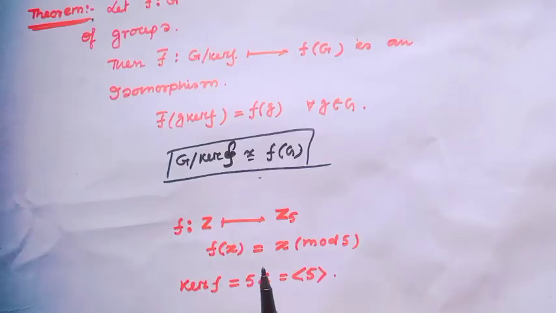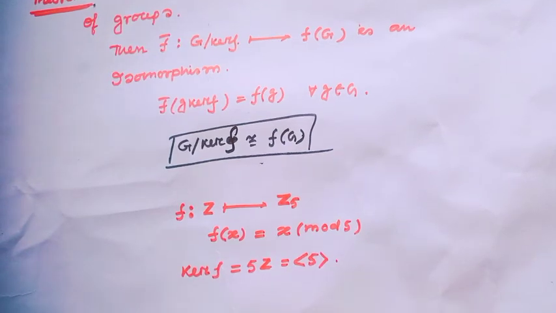f is a mapping from Z to Z5, defined as f of x equals x mod 5. We all know this is an example of a homomorphism, and we also know the kernel of f equals the cyclic subgroup generated by 5, because we know the kernel of Zn is nZ. So here n equals 5.